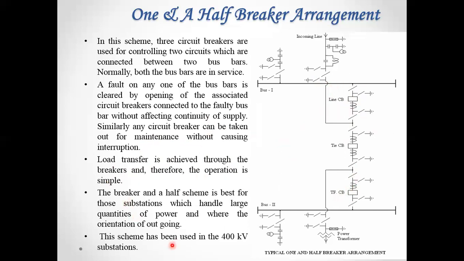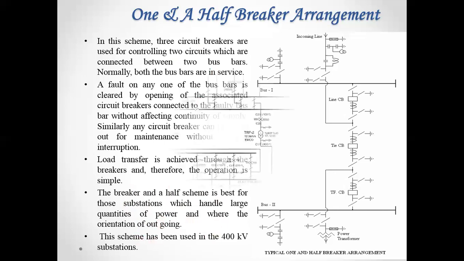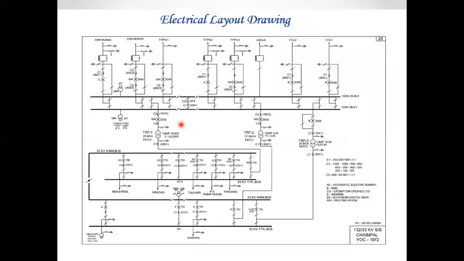The breaker and a half scheme is best for substations which handle large quantities of power. So for large power stations this 1.5 breaker arrangement is used, and this scheme can be used in 400 kilovolt substations.